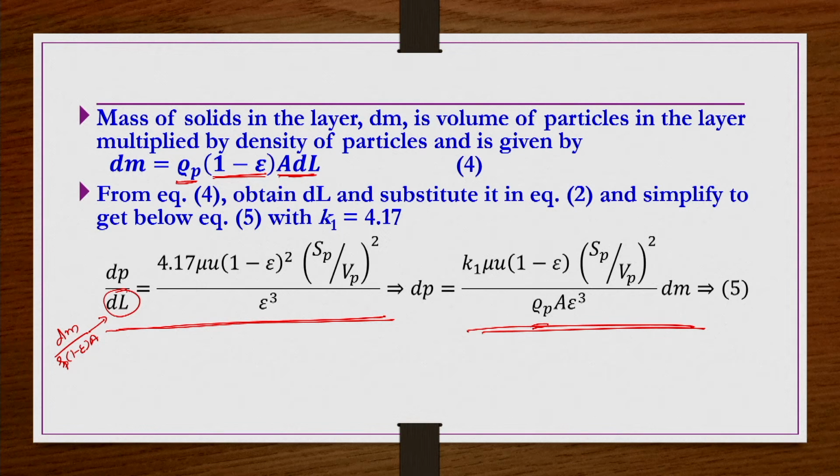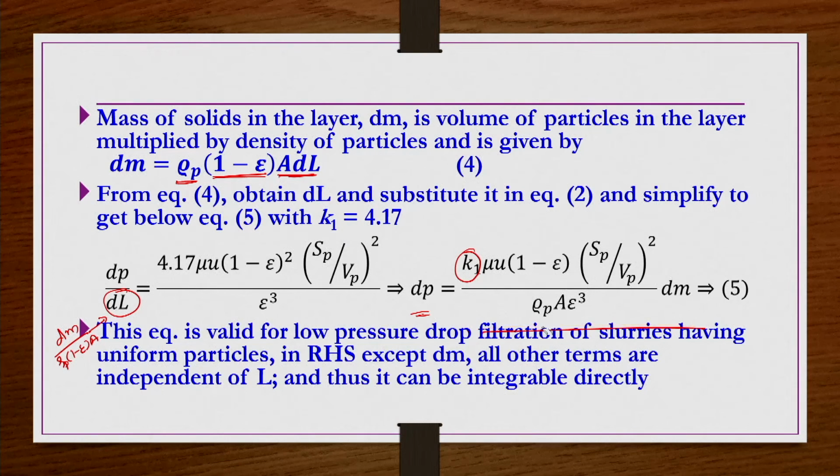Henceforth we can take this constant as K1. K1 is nothing but 4.17 if you compare with equation number 2. So K1 mu u (1 minus epsilon) (Sp by Vp) whole square divided by rho p A epsilon cube dm is nothing but the pressure drop across that layer of cake of thickness dl that we have taken, right.